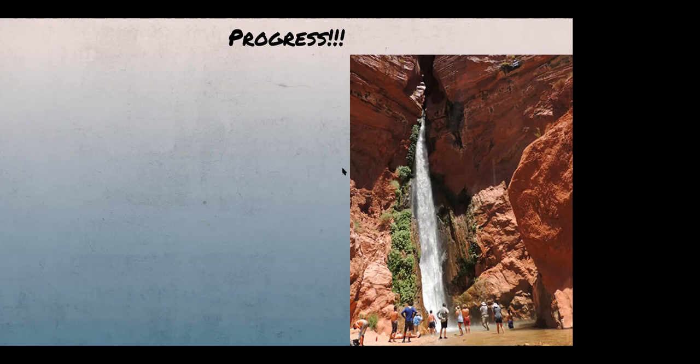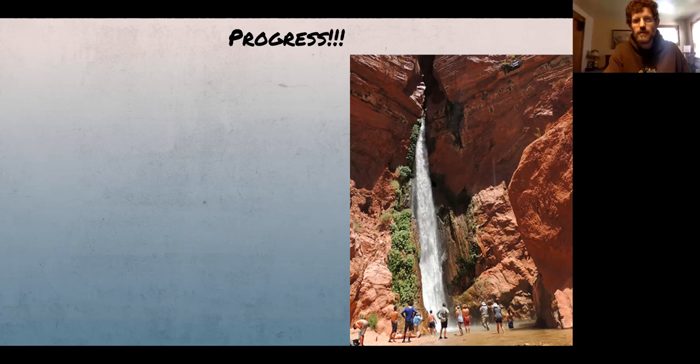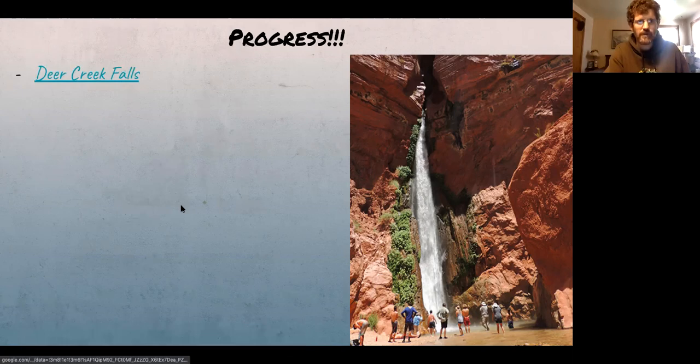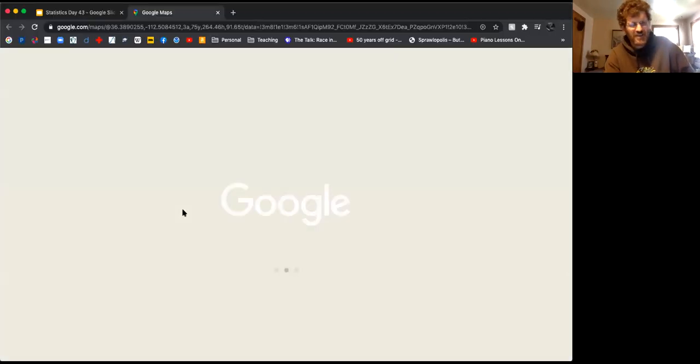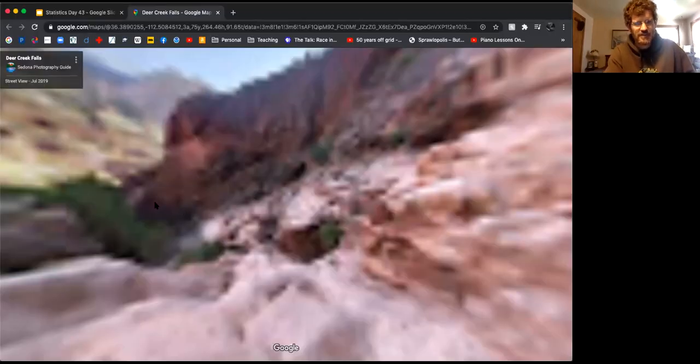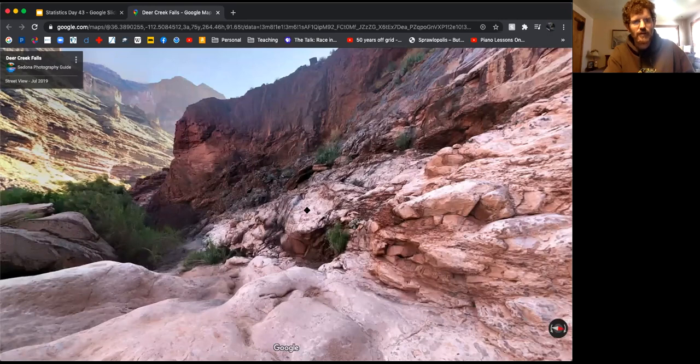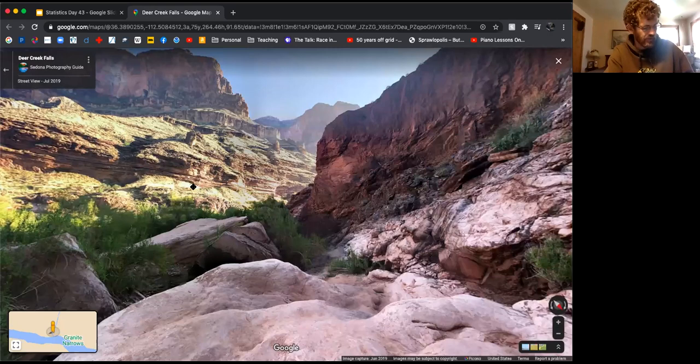Okay. So Deer Creek Falls looks like this. I like this picture because it gives a little better perspective. Without the people there, it doesn't look as big, but it's quite large. And doing something a little different today, rather than showing a video, which always comes through choppy anyway, we're going to do something a little more exciting, or equally unexciting, depending on your perspective. I got a Google Earth image pulled up, and this is looking out toward the actual main gorge of the canyon. It's beautiful there. I know it's choppy.